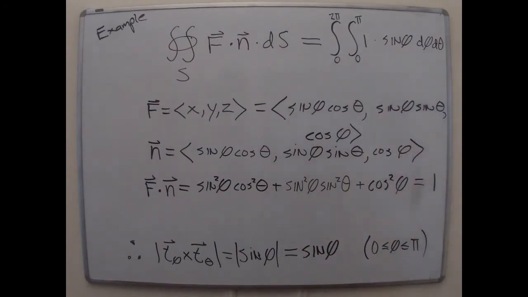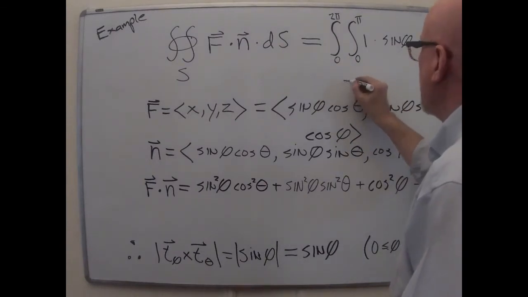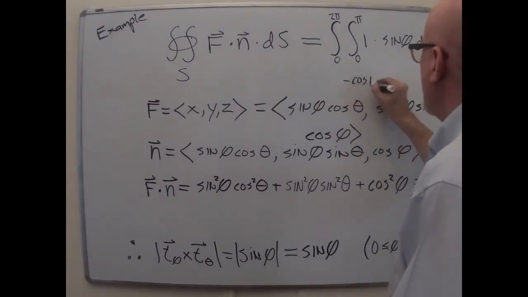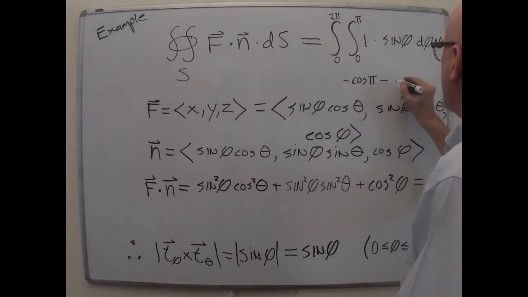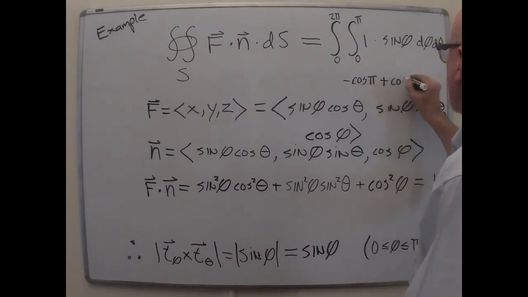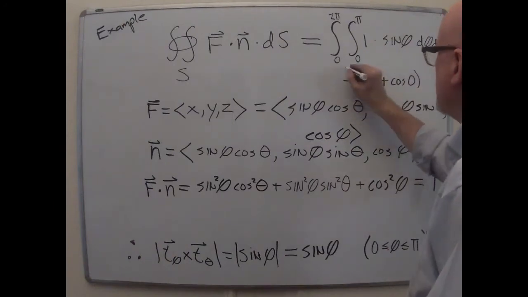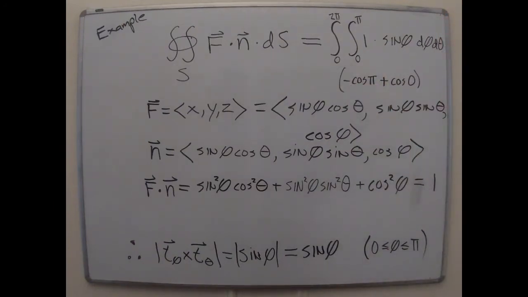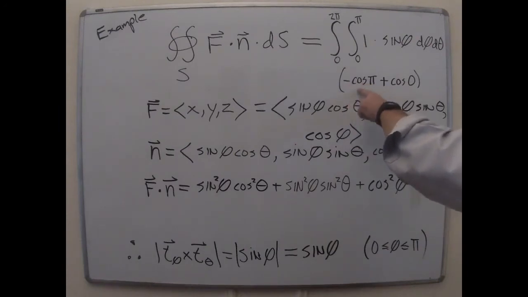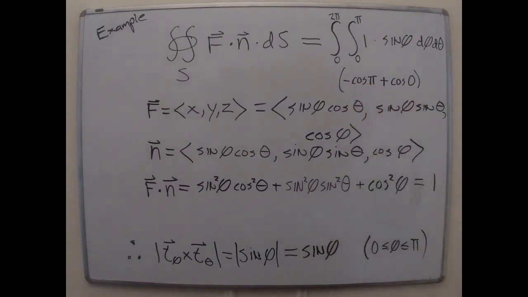Cool, so this is correct. That 1 is correct. Can we do the integral? Sure, you integrate sine phi and you will get negative cos phi evaluated between pi and 0. So we have negative cos pi minus negative cos 0. Cosine of pi is actually minus 1, so this is plus 1, and that's plus 1.